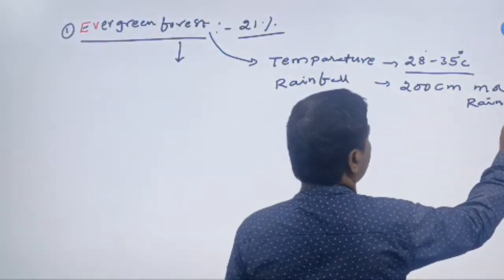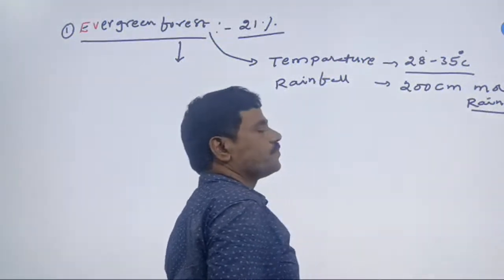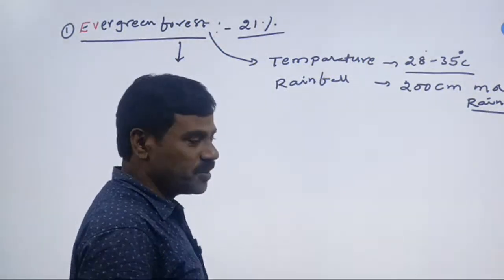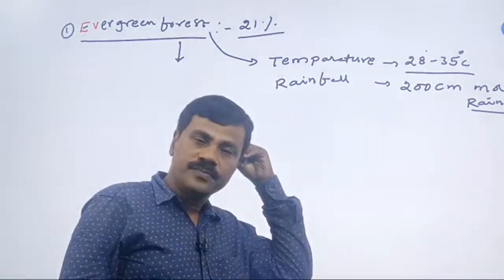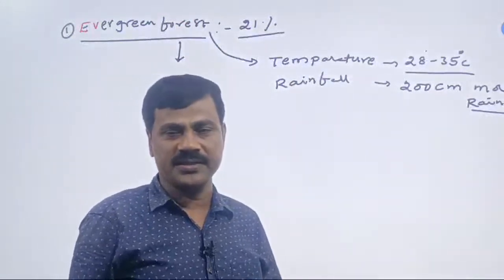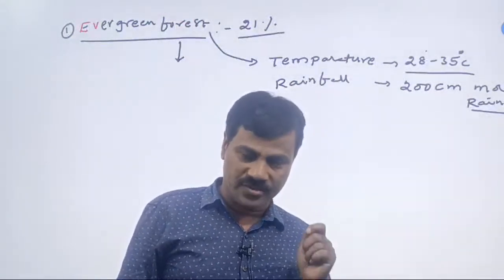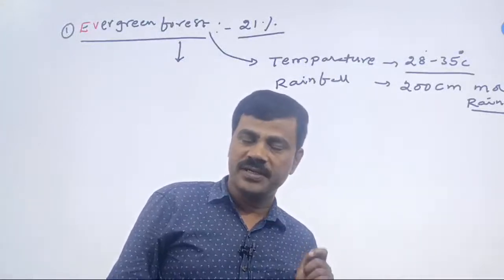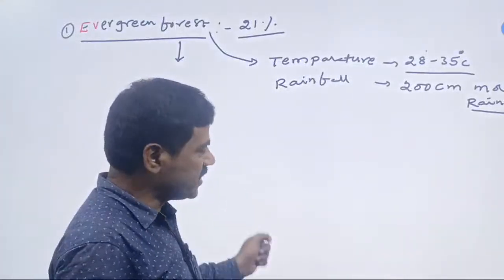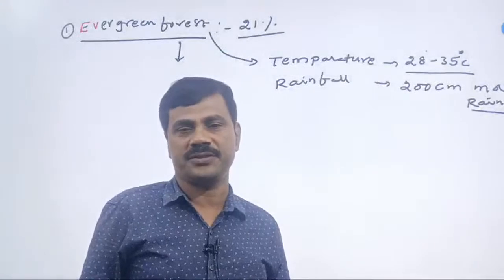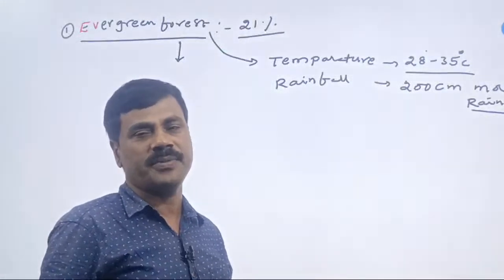More rainfall is compulsory. This much rainfall is found mostly around the equator, but in India, the Western Ghats have this much rainfall and high temperature.